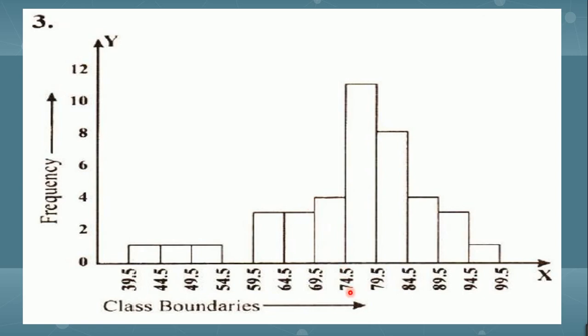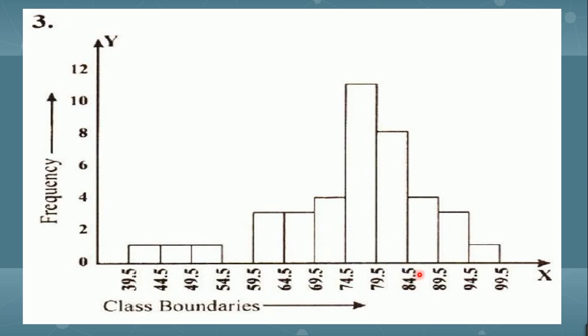And 74.5 to 79.5, its frequency is 11, so its height will be 11, between 10 and 12. 79.5 to 84.5, its frequency is 8, so its height is also 8.